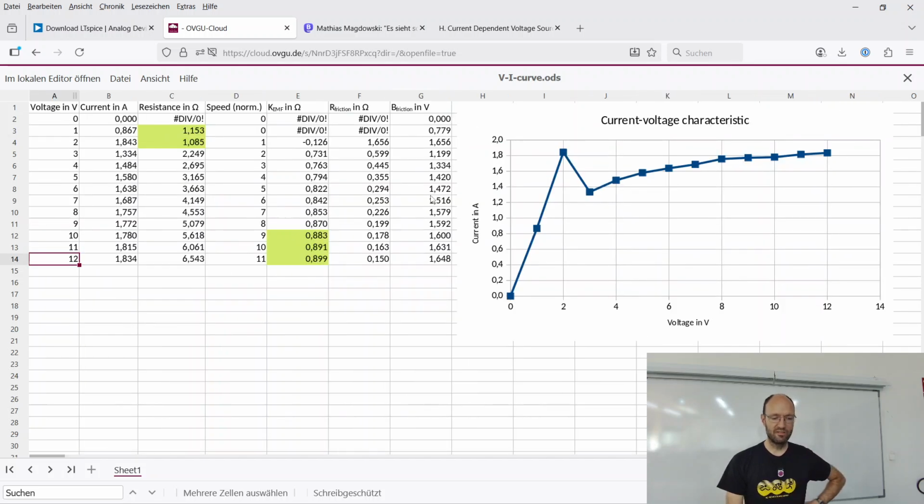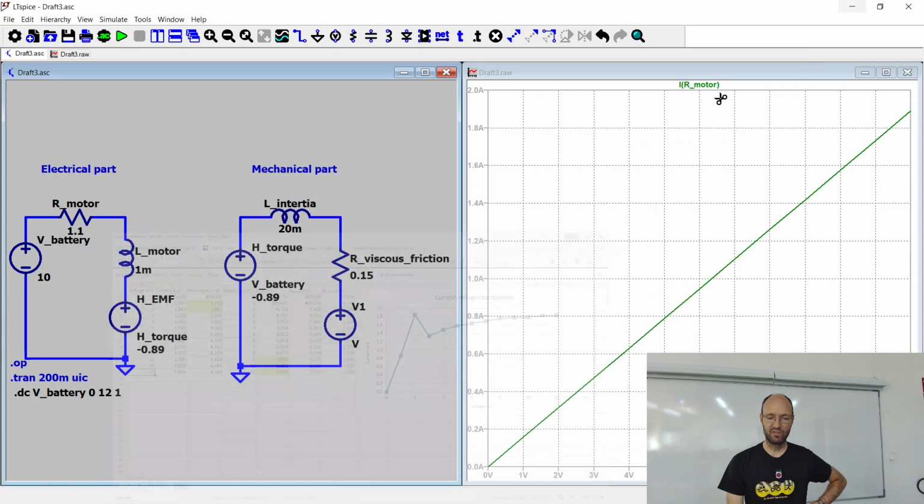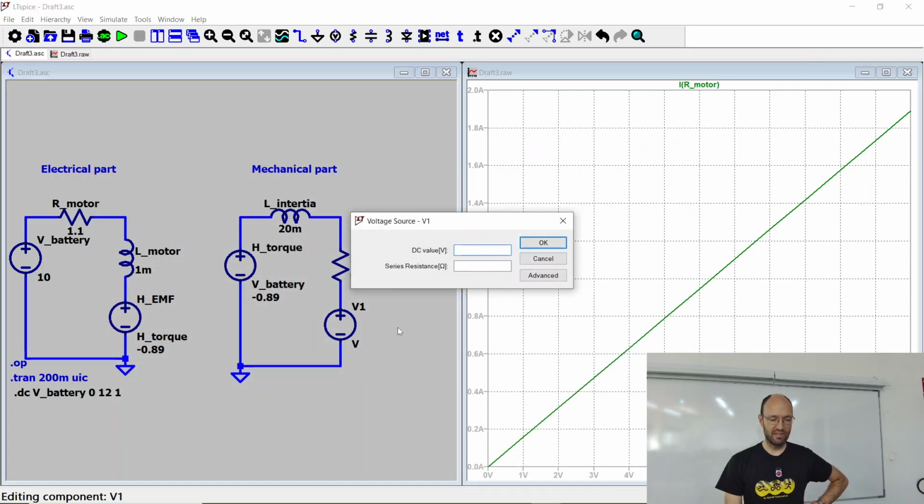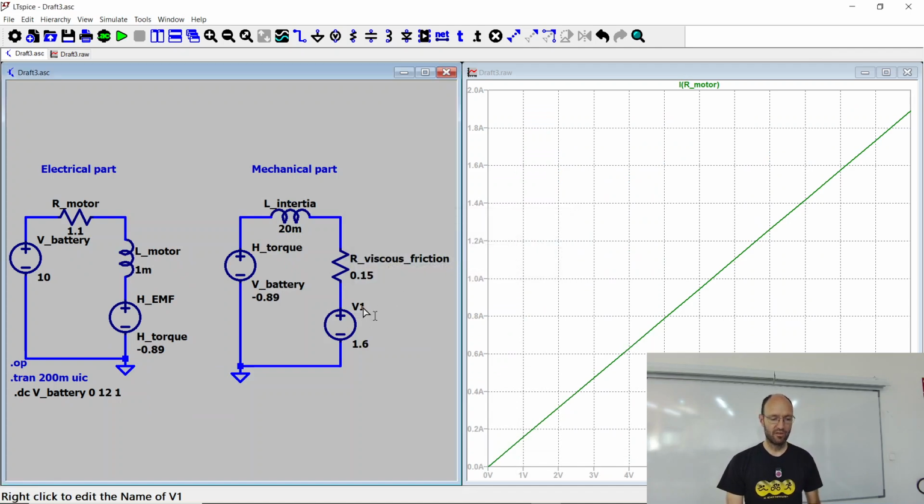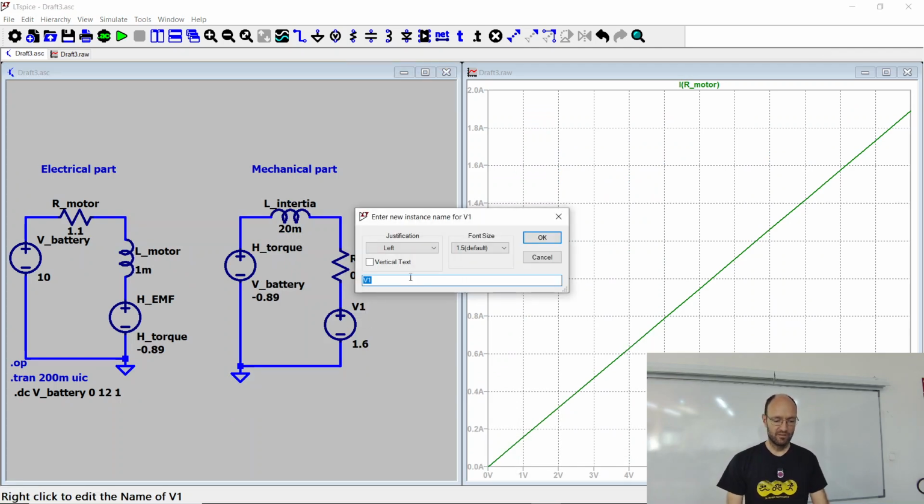This would be the friction that is independent of the speed. Depending on what values we use, we get something like 1.5, 1.6. So if I have a source here that has 1.6 volts, this is the source for constant friction.